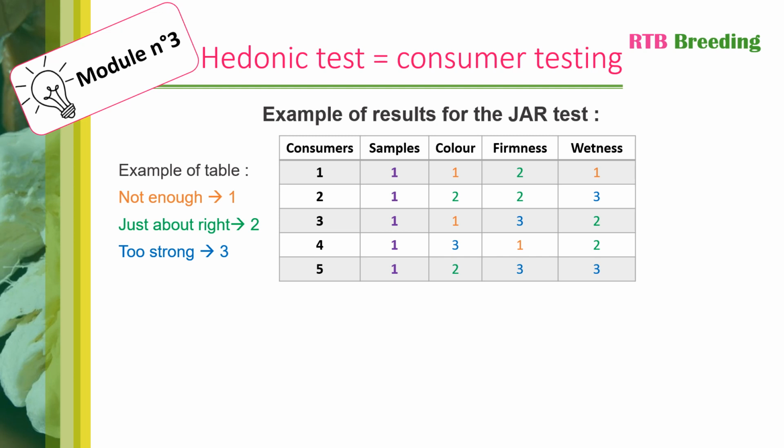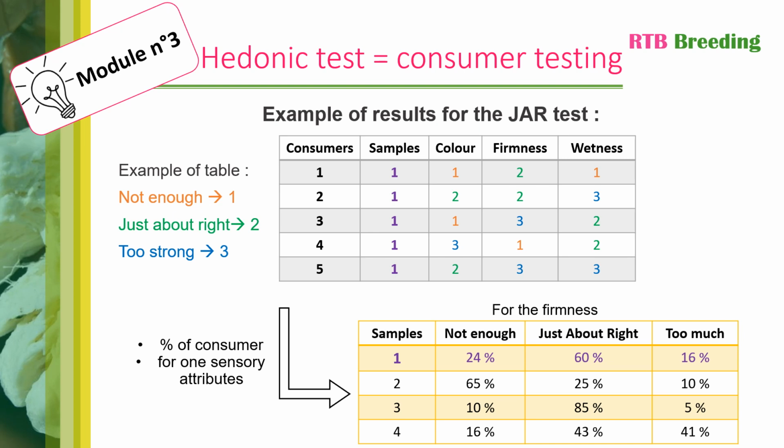For example, in this table, for firmness, we can see that in sample 1, 24% of consumers ticked the box corresponding to not firm enough, 60% ticked just about right, and 16% ticked too firm. We will see later in this module how to use this JAR test data.